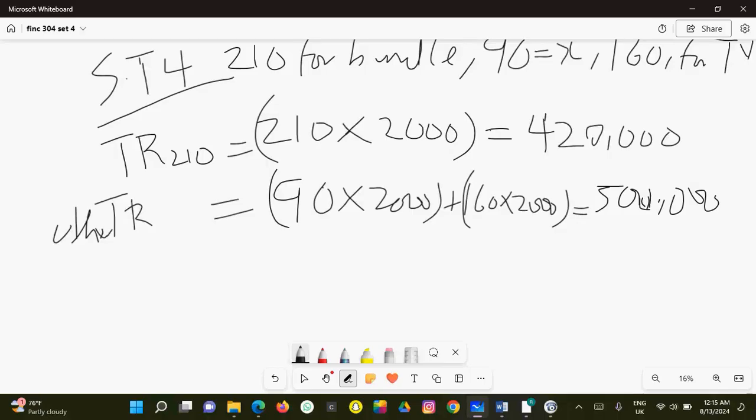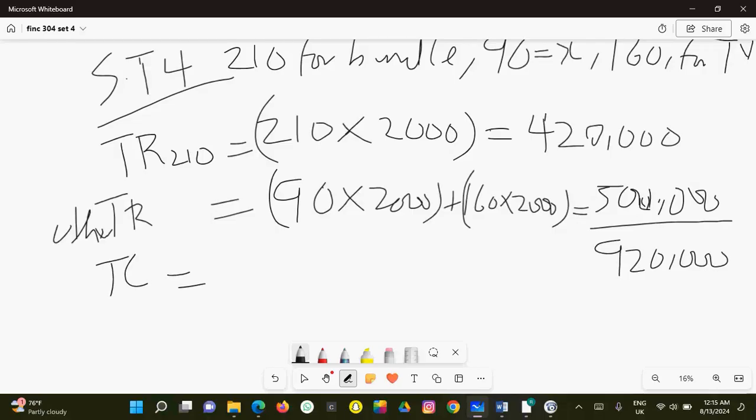So if we solve for the total cost, let's add these two revenues. We are going to get 920,000. Right, so now let's check for the TC.